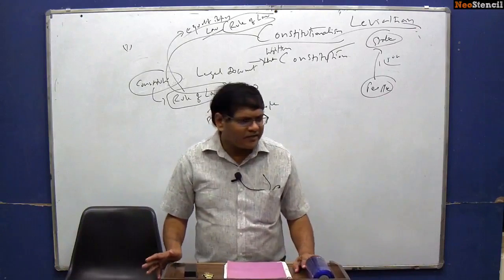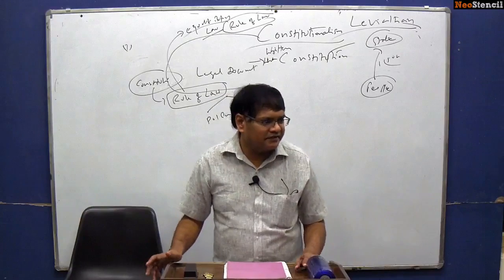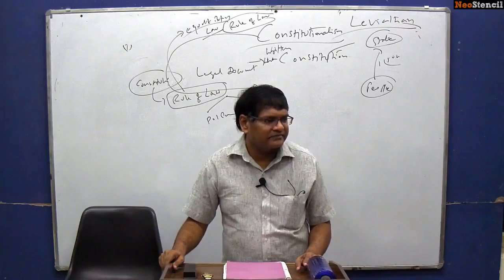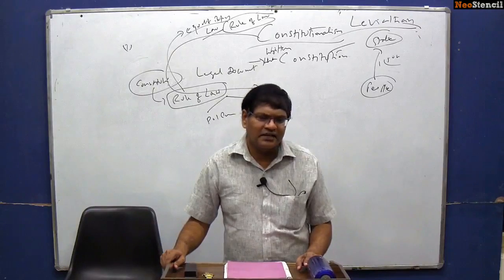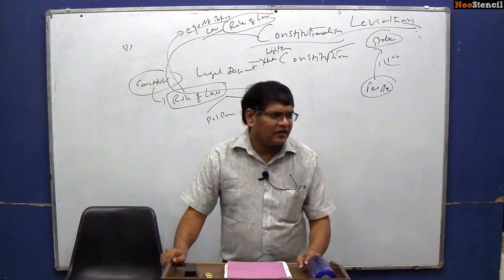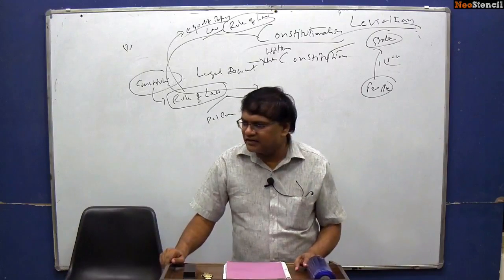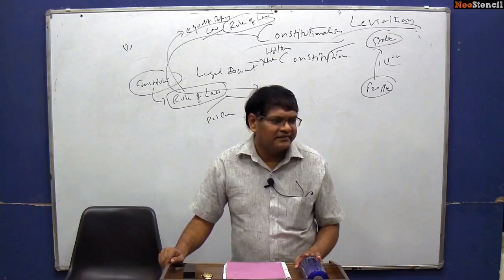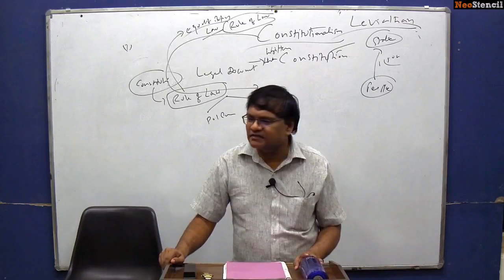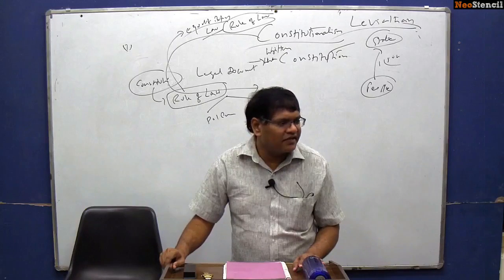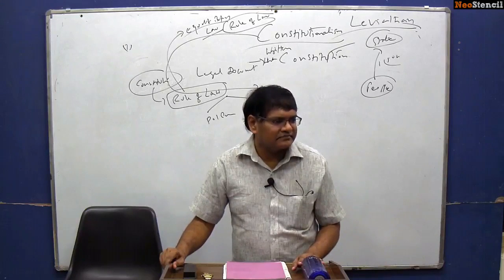Similarly, we talk about independent judiciary, judicial review, and then civilian control over the army. Take the case of India. All the three chiefs of army, navy, and air force must be working under a civilian representative, the defense minister. They cannot do anything independently.